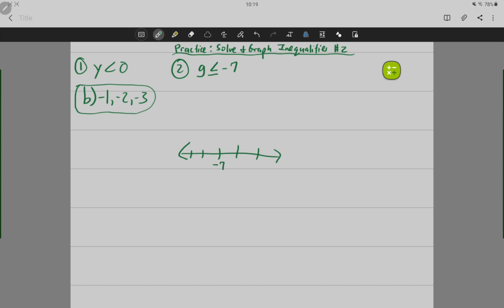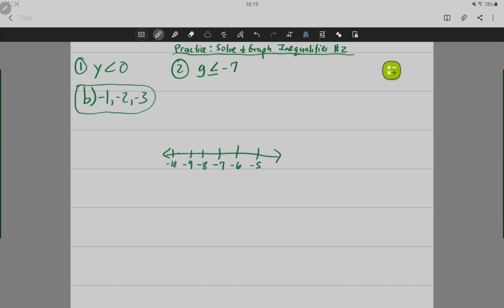Put it here, negative 7. So greater than that, as you're approaching 0, would be negative 6, negative 5. Less than that, as you're getting further away, negative 8, negative 9, and negative 10.